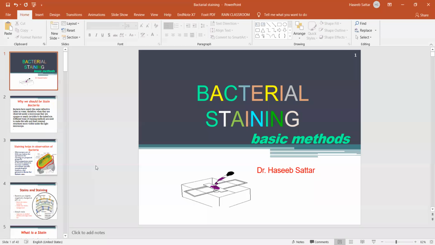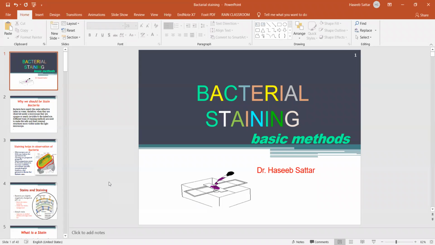To identify the bacteria, to look at the structure and type of the bacteria, we need some staining or coloring technique so that the bacteria can be visualized under the microscope. With the staining method, the bacteria can be seen and easily identified even under a light microscope. This is the main purpose of these stainings.